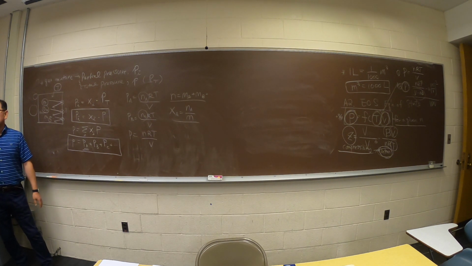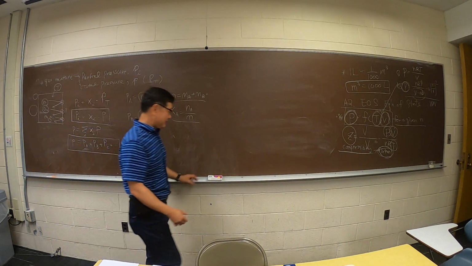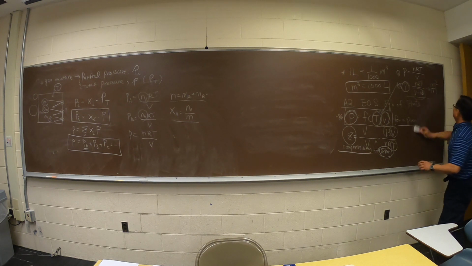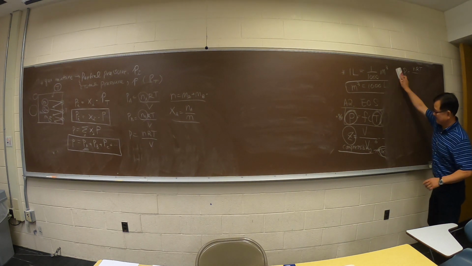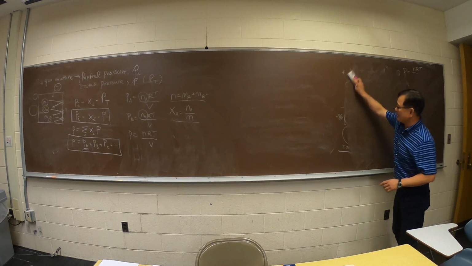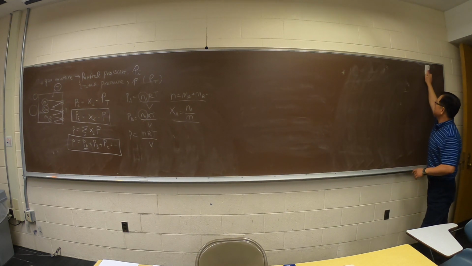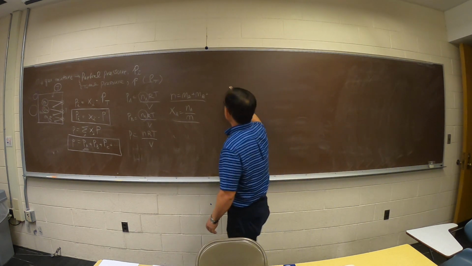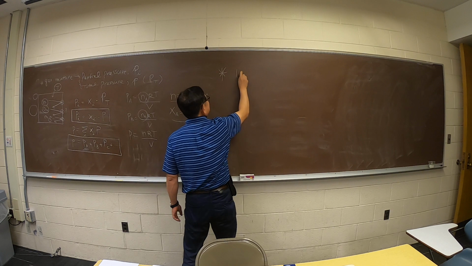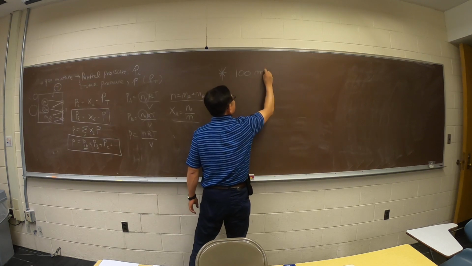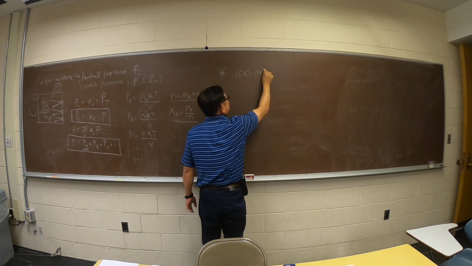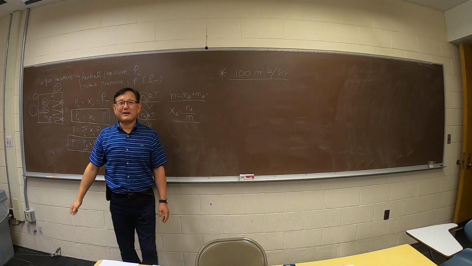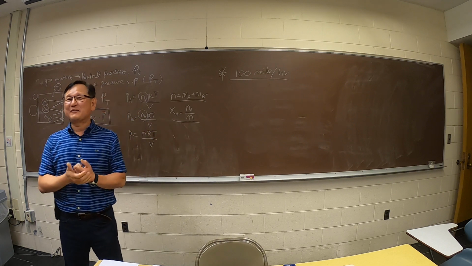And do you know how fast the gas molecule is moving in this room? Can you make a guess? Has anyone even thought about how fast the gas is moving at this room temperature? This is just an extra. 100 miles an hour, if you can throw a 100 miles an hour ball as a baseball player, I think you will not sit here, you will go to Major League Baseball.